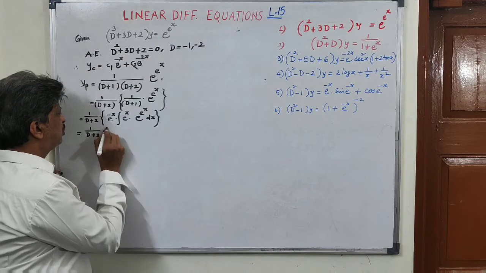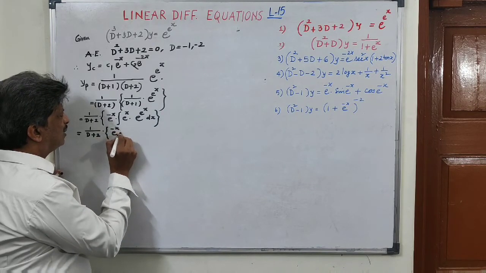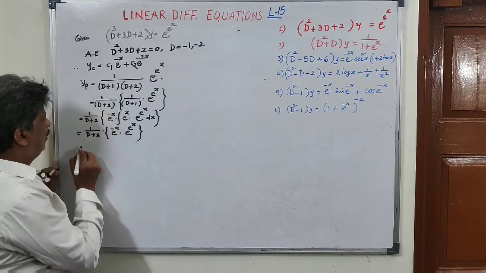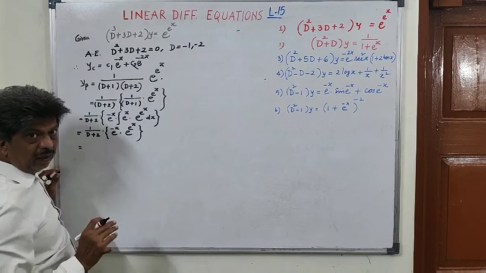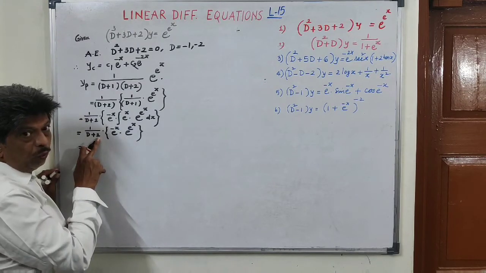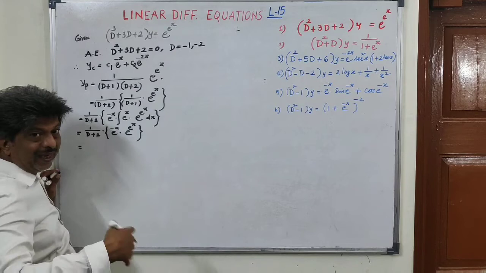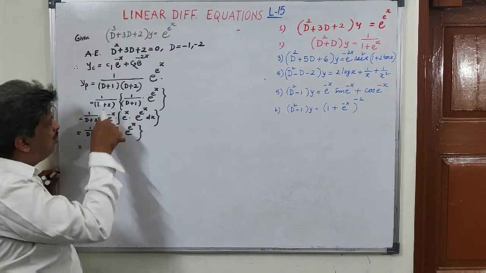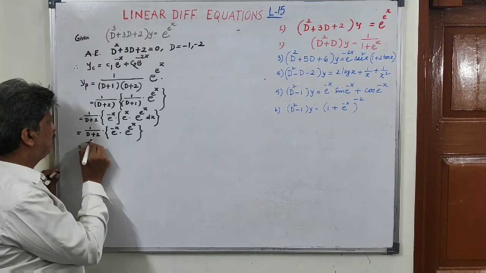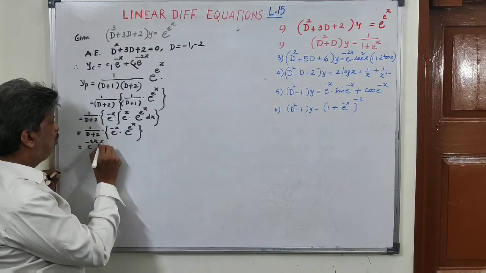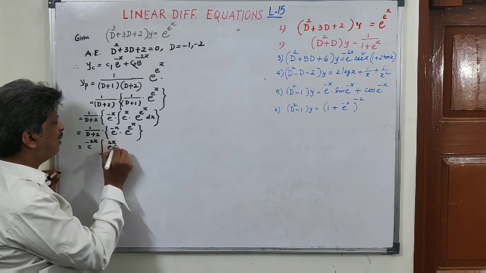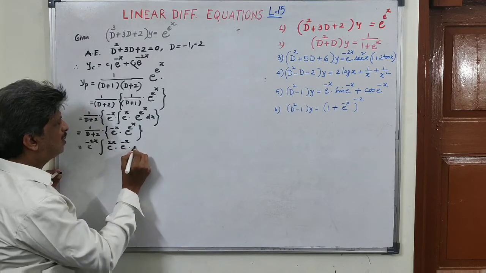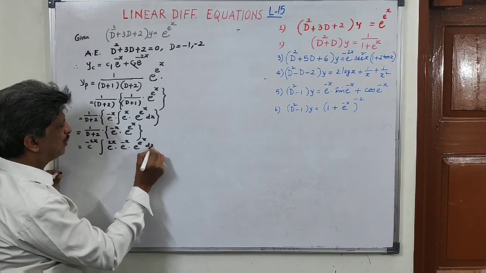So 1 upon D plus 2 times e raised to power minus x, integral of this e raised to power x. Further, here m is equal to 2 now. Once again I am using the same formula a second time. Earlier m was 1, now m is 2. So it is e raised to power minus 2x into the integral of e raised to power 2x into F of x, e raised to power minus x into e raised to power x.